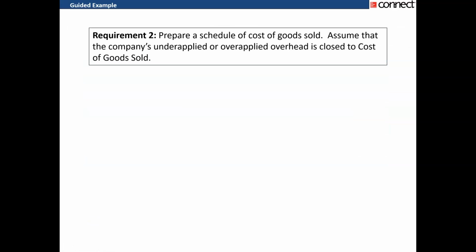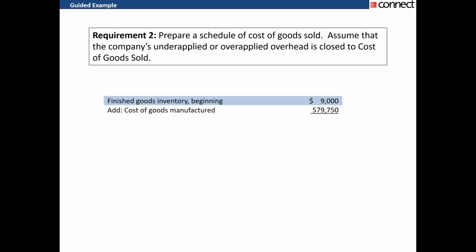Okay, now let's look at the schedule of cost of goods sold. We will take the beginning finished goods inventory of $9,000, which was in the given information, and then we're going to add the cost of goods manufactured that we just finished calculating.